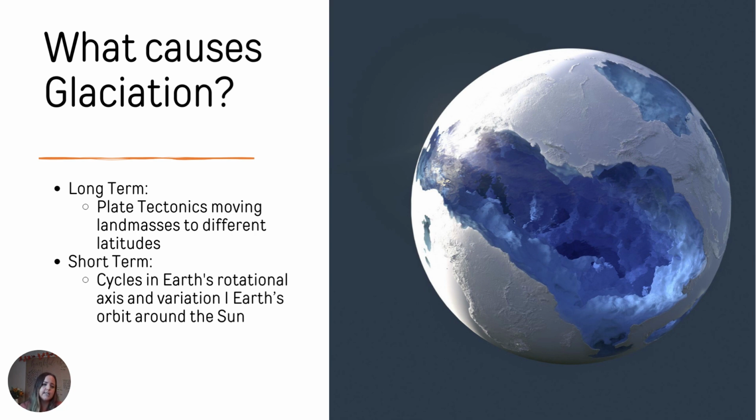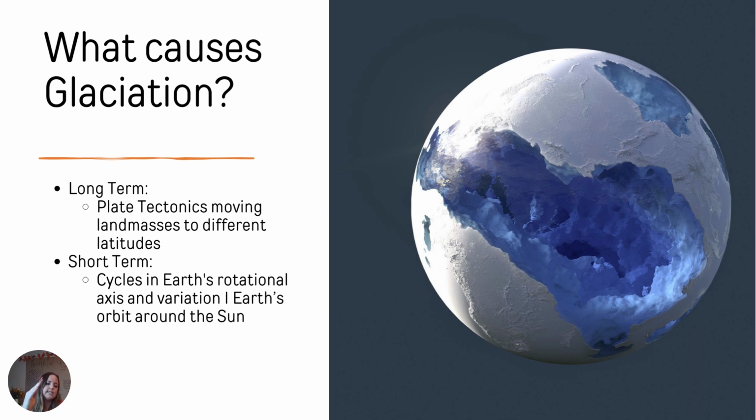So what causes glaciation? So plate tectonics, obviously moving land masses to different parts of the Earth. That's going to create different climates, and climates that are going to be cold enough to support glaciation. And then short term, we're looking at Earth's rotational axis and variations in Earth's orbit around the sun. So as the Earth is tilted away from the sun, that's when the northern hemisphere is in winter, and that's when we're going to see accumulation of snowfall and added material to our glaciers.